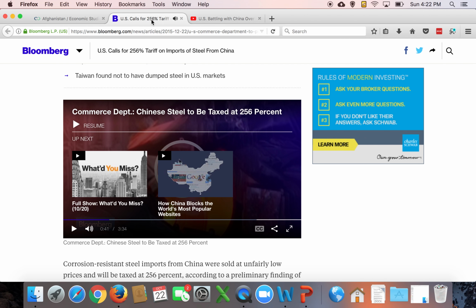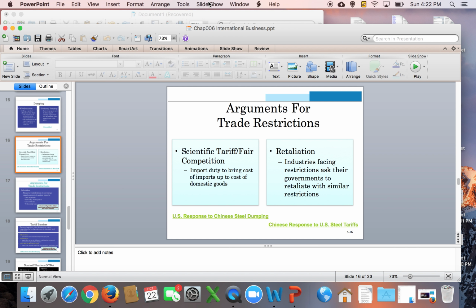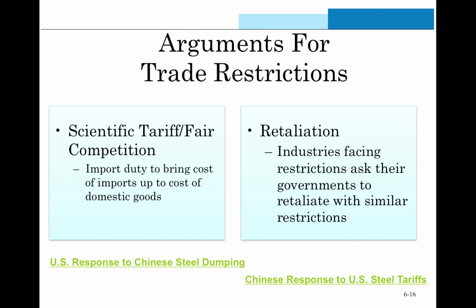So you can see again, the United States got a verification from the World Trade Organization that it appeared that China was dumping steel into our market, and therefore they instituted a 256% tariff on all Chinese steel, which essentially locked out China from selling steel in our markets. And essentially, after that, China then became frustrated, of course, and angry.